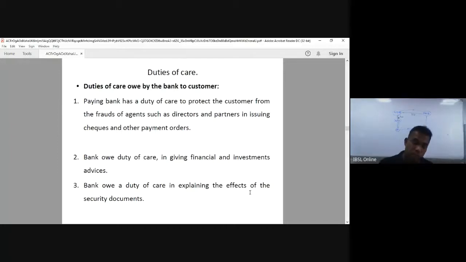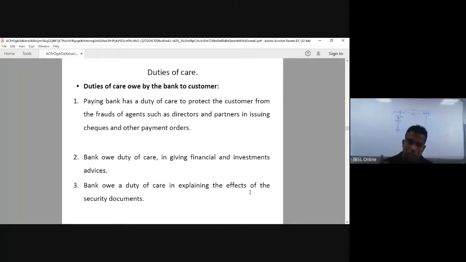Now, for example, say a company director who is the authorized signatory of the company issues a check signed by himself, and the payee is also the director. The check is issued from the company account. The authorized signatory is the same director, and the payee of the check is also the same director. He signed and issued a check to pay money to himself from the company account.